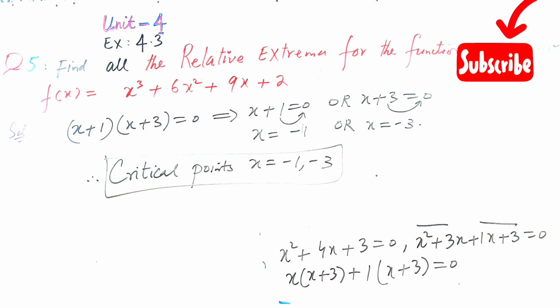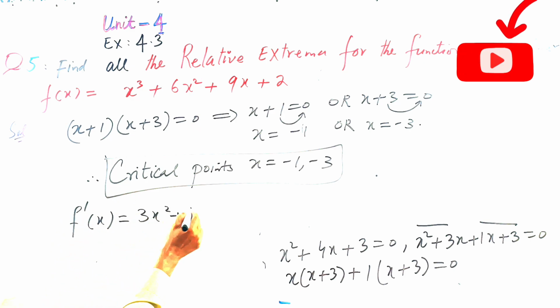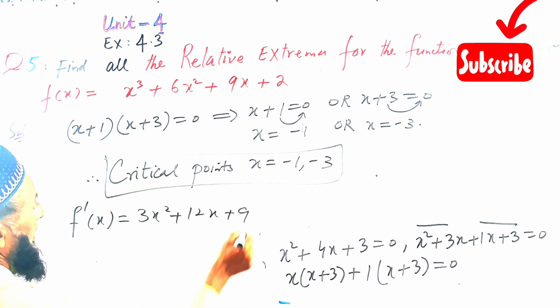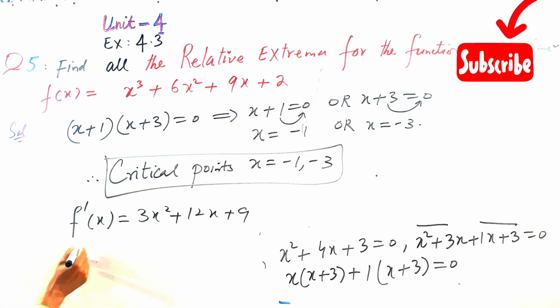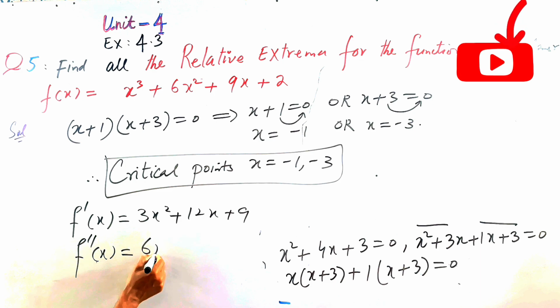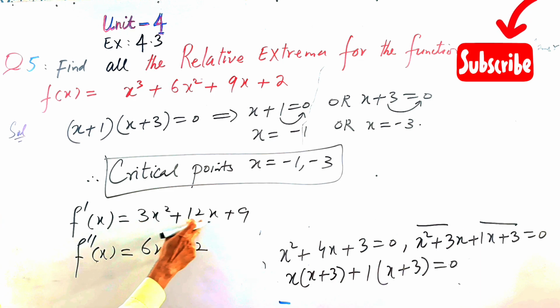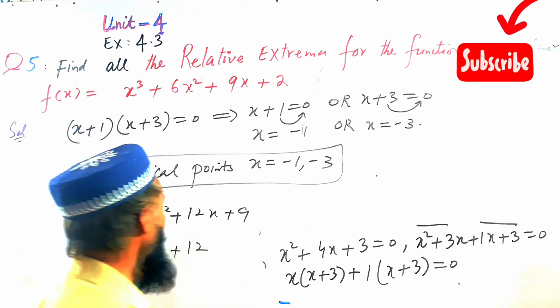Now we find the second derivative of the function. The first derivative was 3x² + 12x + 9. Now the double derivative: we get f''(x) = 6x + 12, since 2 multiplied by 3 is 6x, the derivative of 12x is 12, and the derivative of the constant 9 is 0.